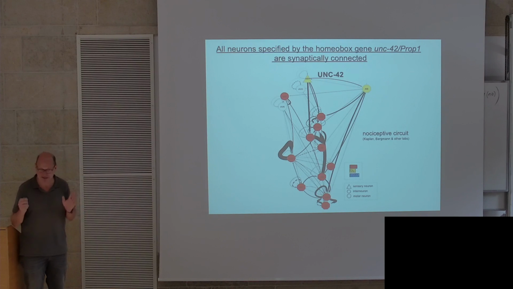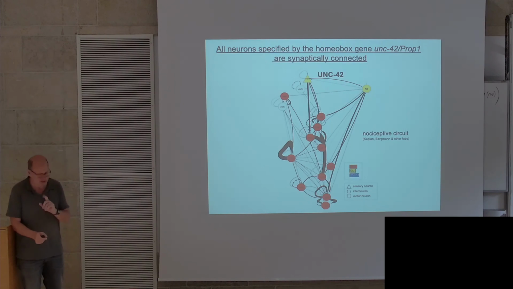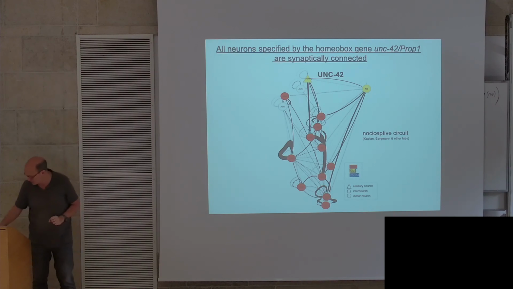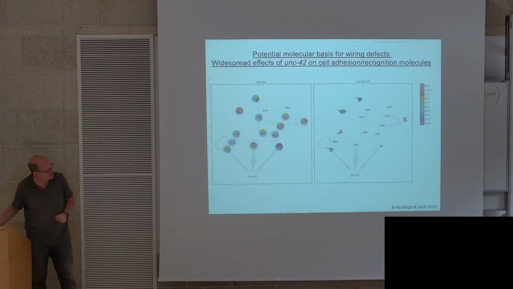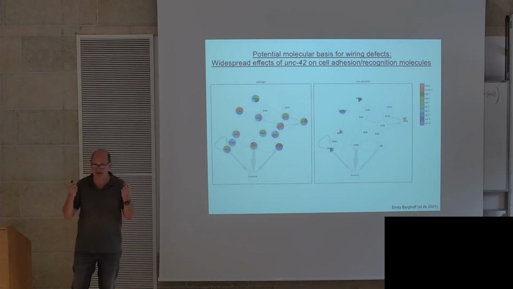So EM connectomes have this annoying feature of having a very limited sample size, including C. elegans. So I'm not going to show you the EM connectome of a single UNC42 mutant animal that did show connectivity differences, because you're comparing an N of 1 with an N of 1. Not good. However, what we can quantify much better is the gene expression of putative synaptic adhesion and synaptic guidance molecules.